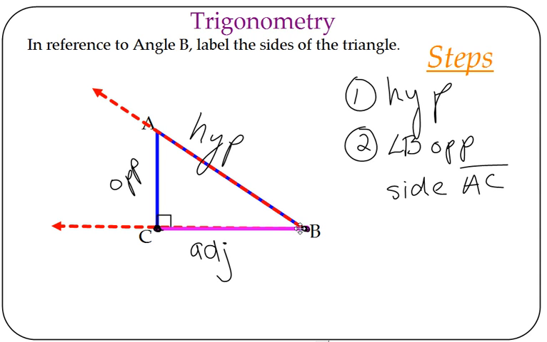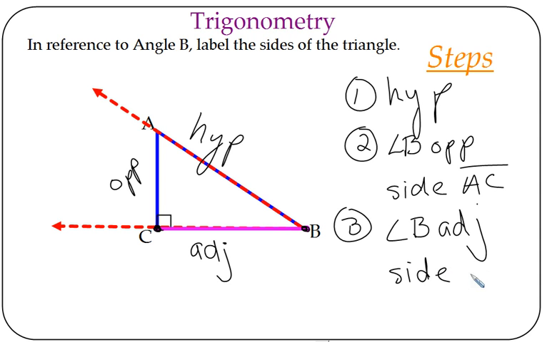Okay, the angle and this segment share this endpoint. So angle B is adjacent to side BC.